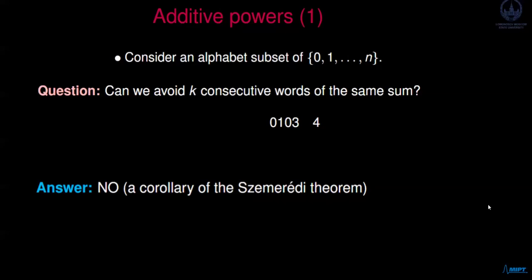The answer, interestingly, is no. This result is actually a corollary of the famous Szemerédi theorem. This theorem, originally formulated in the context of arithmetic progressions or additive combinatorics, applies to our setting, showing that it is impossible to avoid consecutive equal sums over long enough sequences.